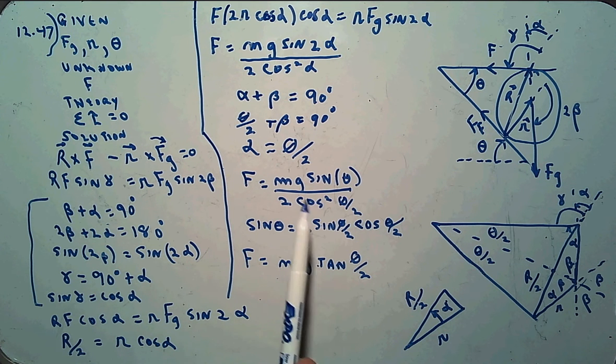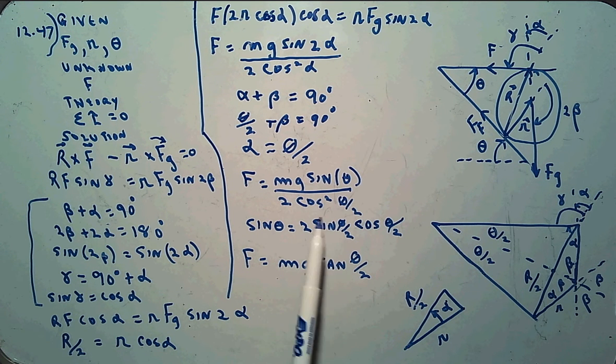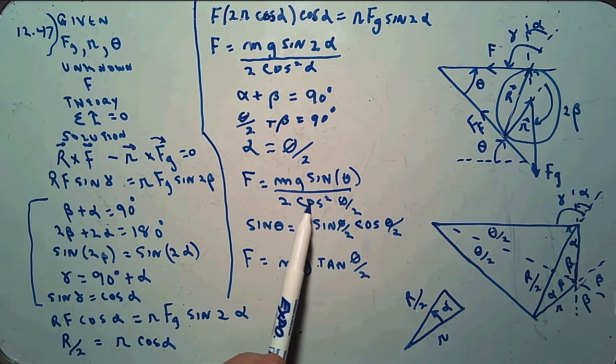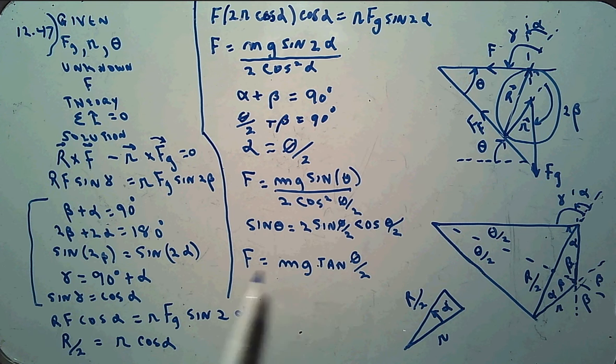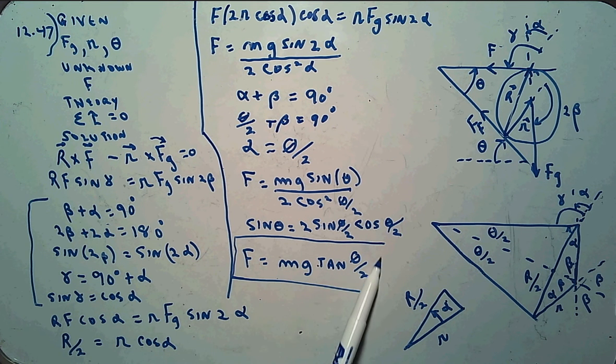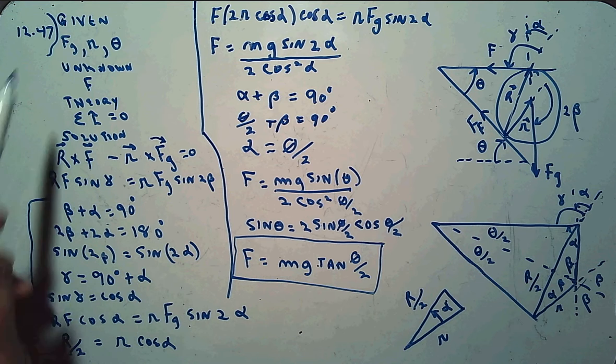If you plug that in here, one of the cosines cancels and leaves you with a sine over a cosine, which is the tangent of theta over 2. So here is the final expression that you're looking for right here, where mg is FG.